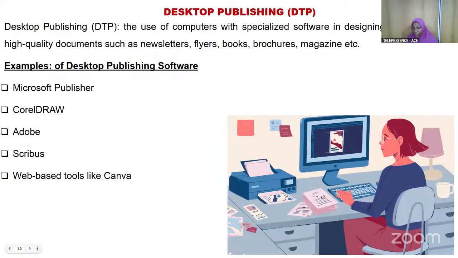Also, we have desktop publishing. Examples, we have Microsoft Publisher that allows you to design and produce high quality documents like flyers, like magazines, for easy distribution. And you have quality graphics. You can make use of CorelDRAW. You can even make use of web-based tools like Canva to do all this.